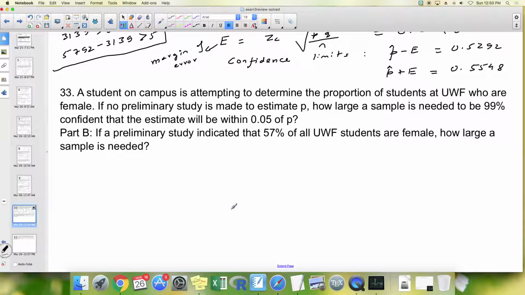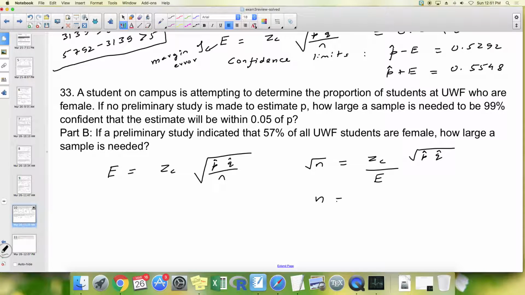So here, all right, let me first write down the formula. So E is zc times the square root of p hat q hat by n, which if you invert, the square root of n is zc times the square root of p hat q hat divided by E. So n shall be zc by E whole square times p hat times q hat.